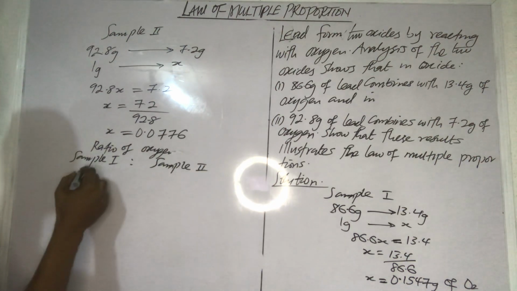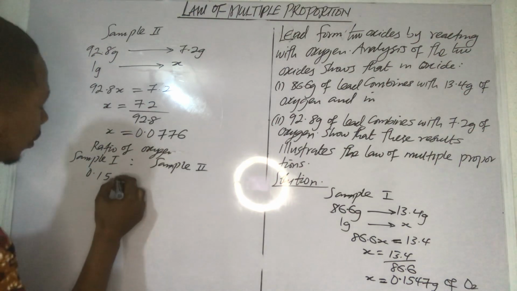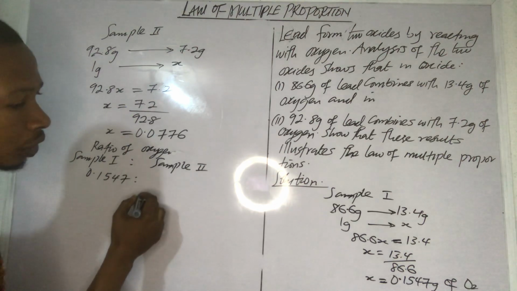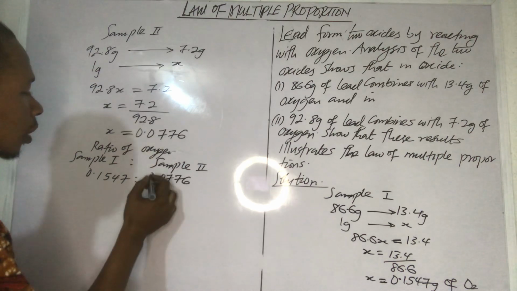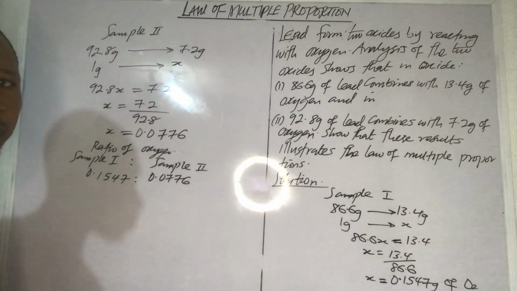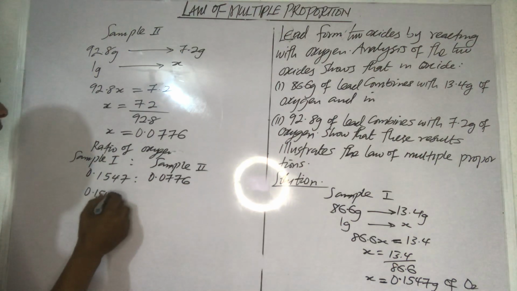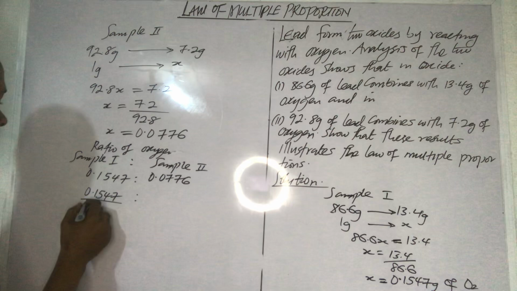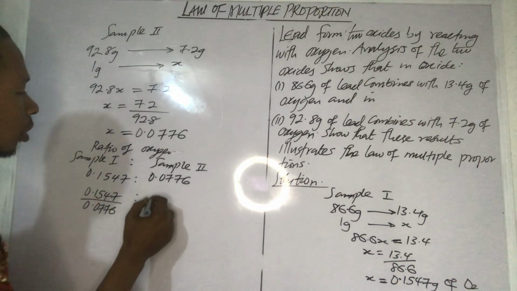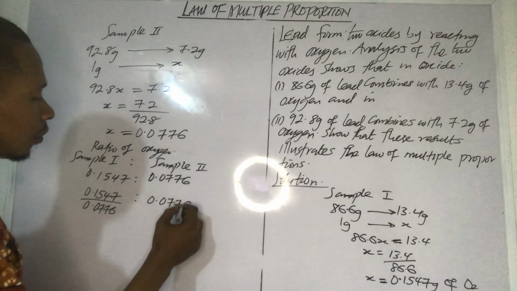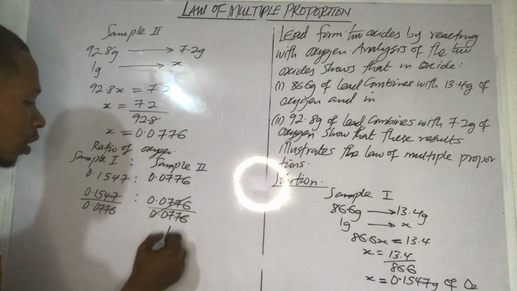In sample 1, you have 0.1547, ratio 0.0776. Then divide by the smallest, which is this one. So I have 0.1547 divided by 0.0776, ratio 0.0776 over 0.0776. This will give me 1 then.